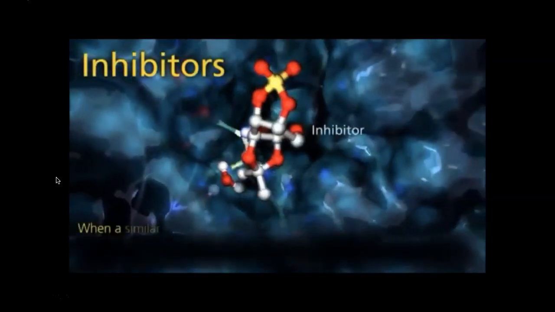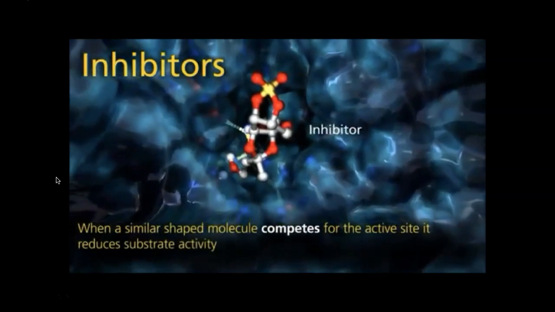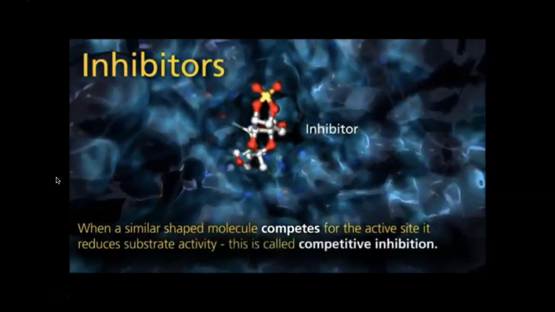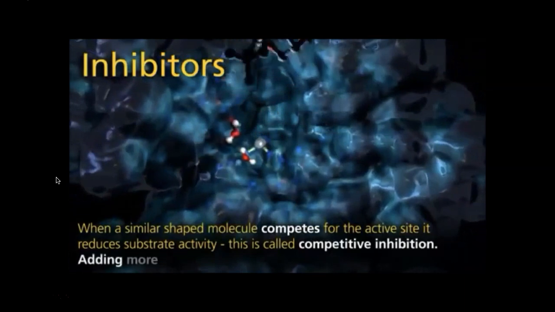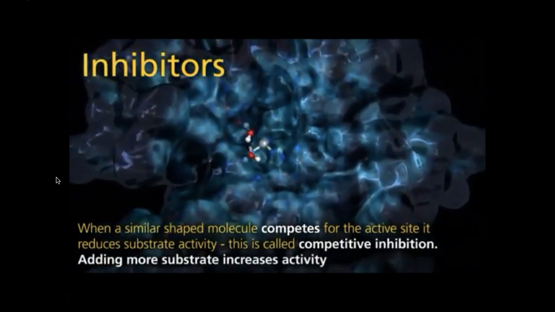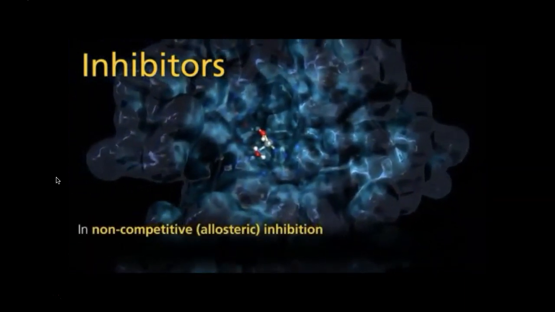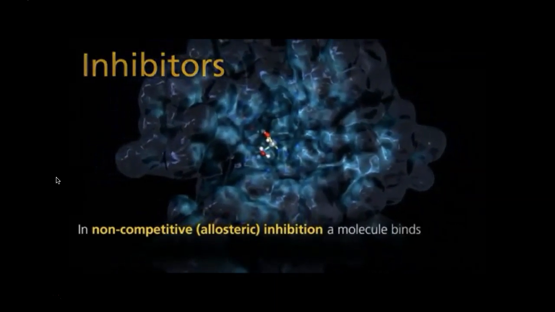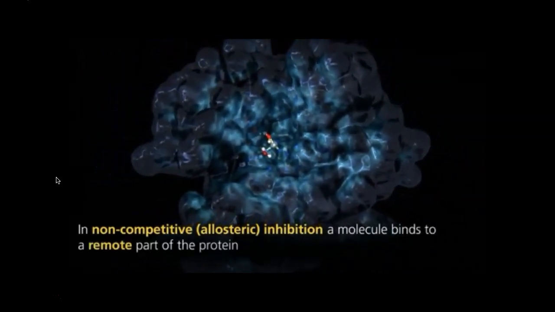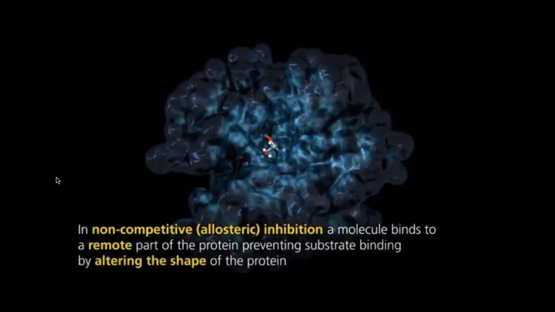When a similar shaped molecule competes for the active site, it reduces substrate activity. This is called competitive inhibition. Adding more substrate increases activity. In non-competitive, allosteric inhibition, a molecule binds to a remote part of the protein, preventing substrate binding by altering the shape of the protein.